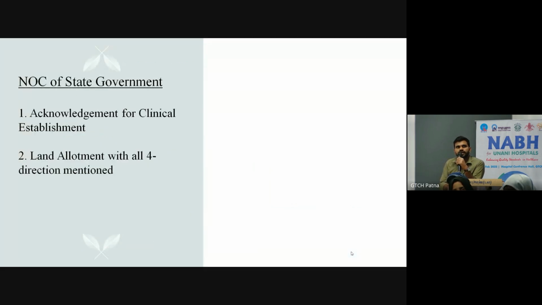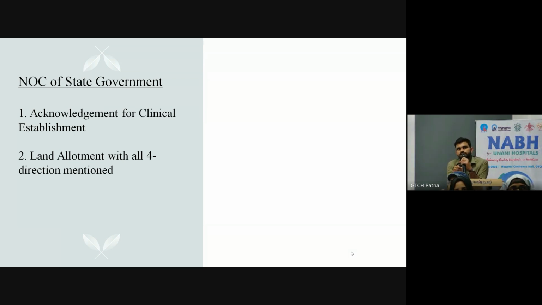The first document required is the NOC of the state government, which can be taken from the state government secretariat. The NABH process starts from the establishment of a healthcare facility. When we construct a healthcare facility, the whole process starts from there. If we are already running it, then we can obtain this certification from the respective authority, and there is a specific procedure for all of them.